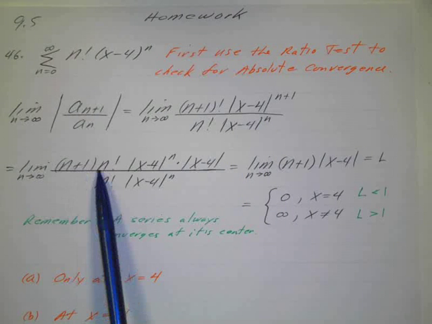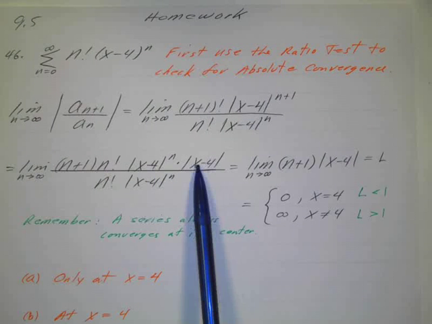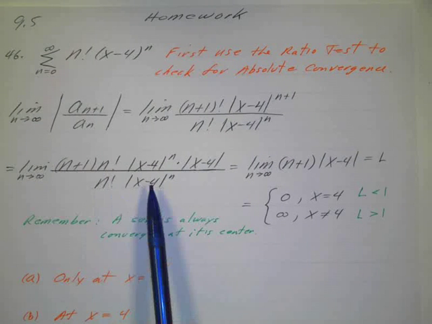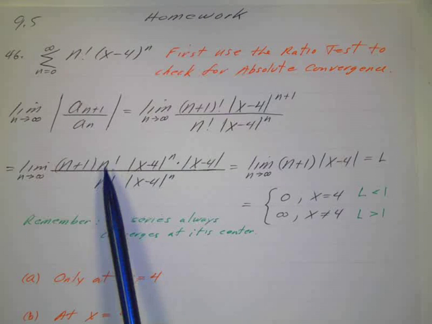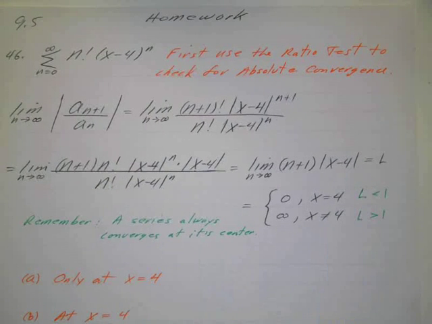I'll separate this up: n plus 1 times n factorial, and x minus 4 to the n times x minus 4, again using absolute values on the x's. The n factorials cancel, the x minus 4 to the n's cancel, and I have this, and that equals L.